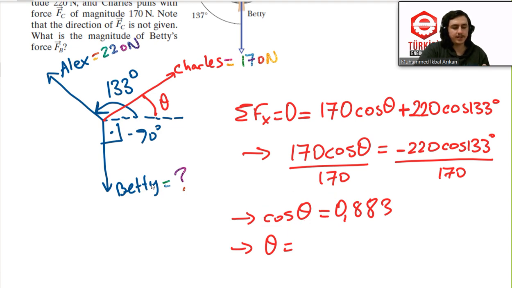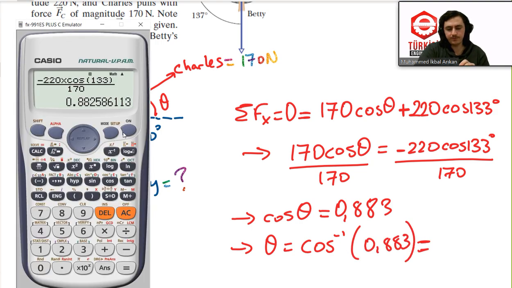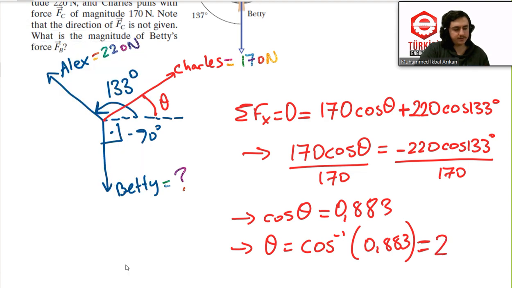Inverse cosine of this will give me theta. So take inverse of it, shift cosine, put answer. So the angle theta is just 28 degrees.